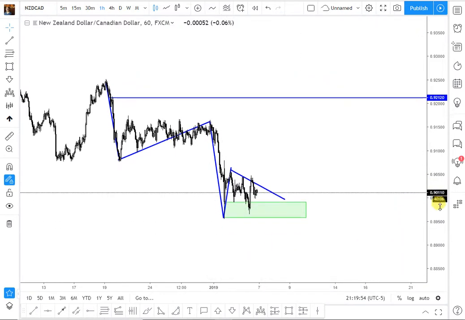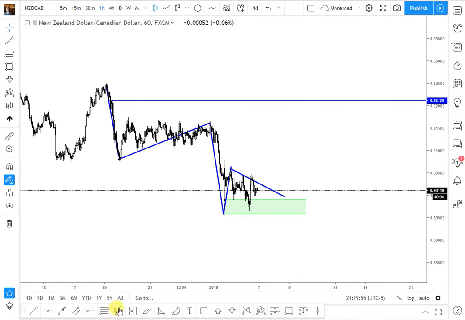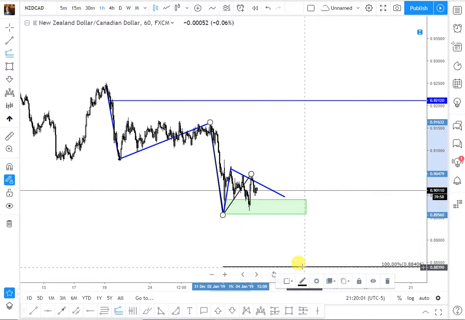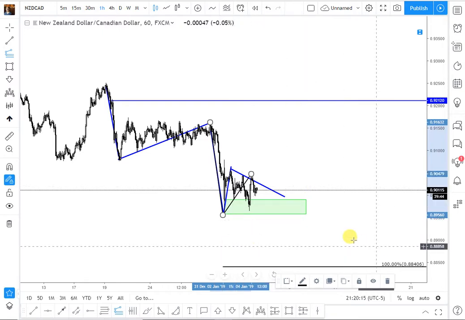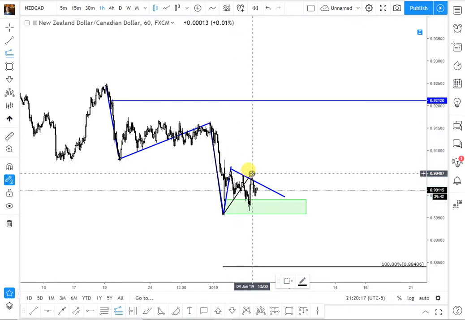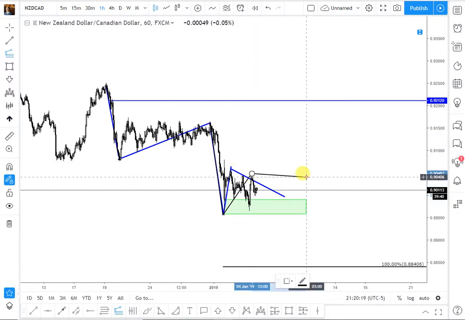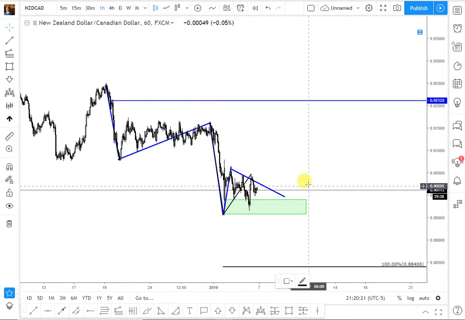And if we enter here, our take profit will be 0.8840, and our stop loss will be 0.9050 for this pair. So we'll keep an eye on this.